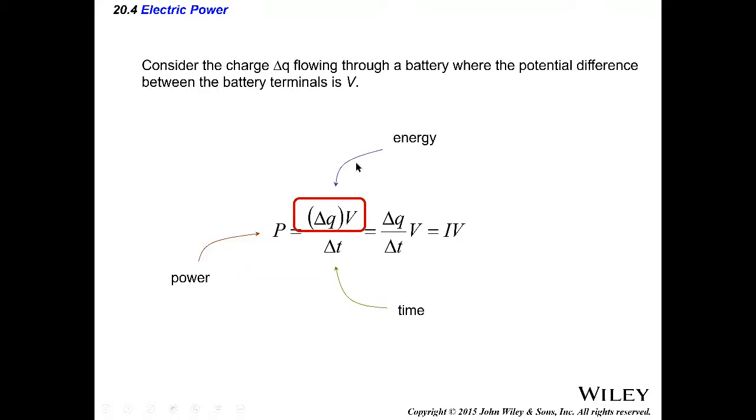Because I used up so much energy, so many joules, in 3 seconds. Then the power is the energy used over 3 seconds. But when you now re-express this, this becomes delta Q over delta T times V. So it becomes this very simple but very important formula.